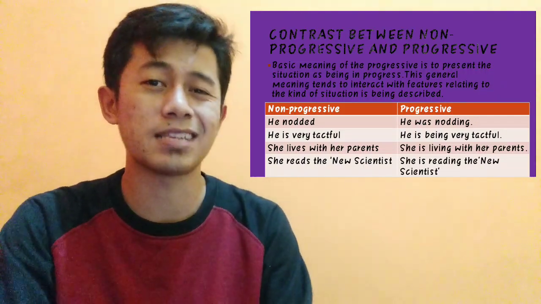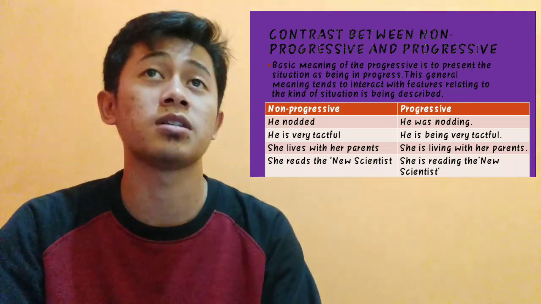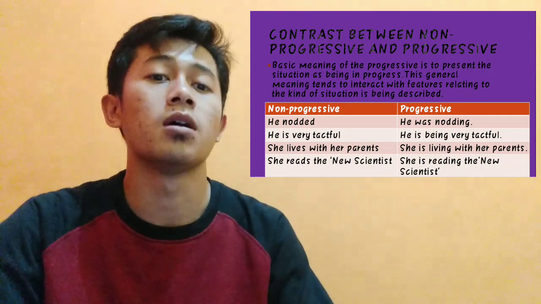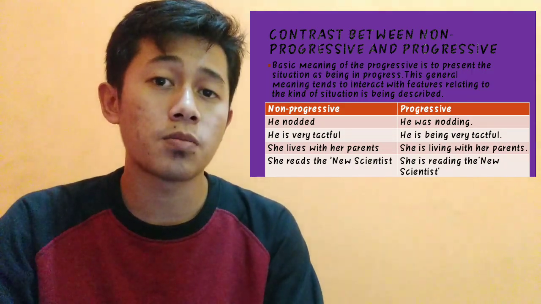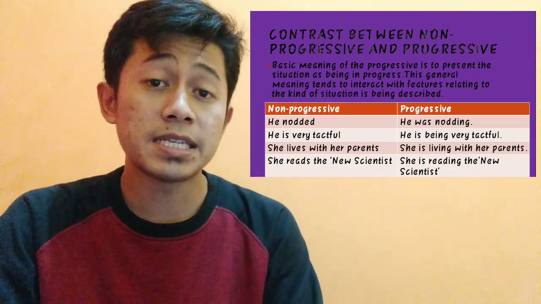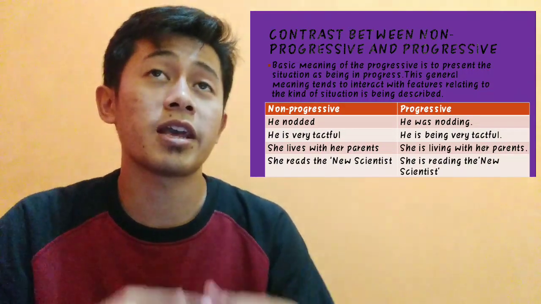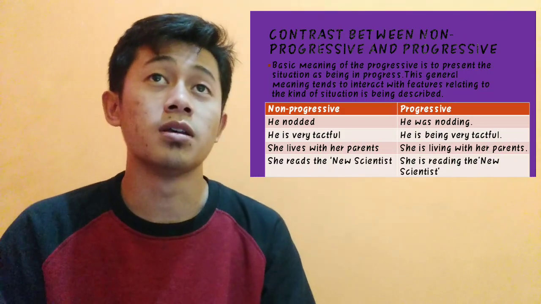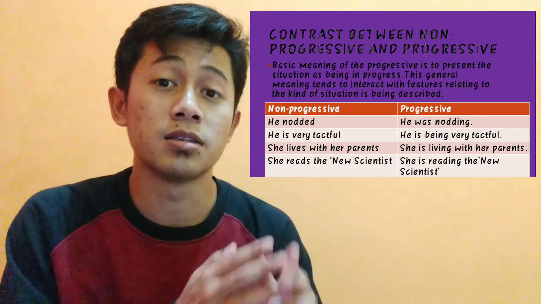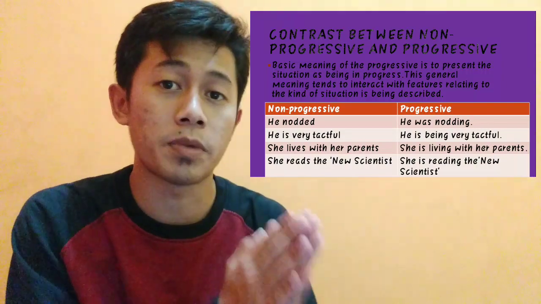Okay, static, just information. But in the progressive, she is living with her parents. The subject is in action. I mean in process, that she is living with her parents.